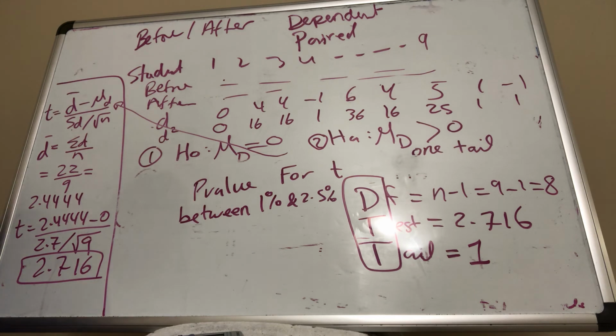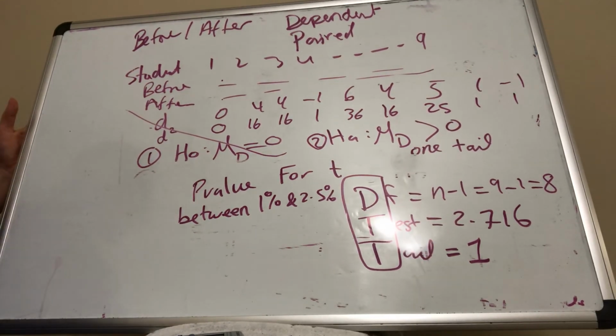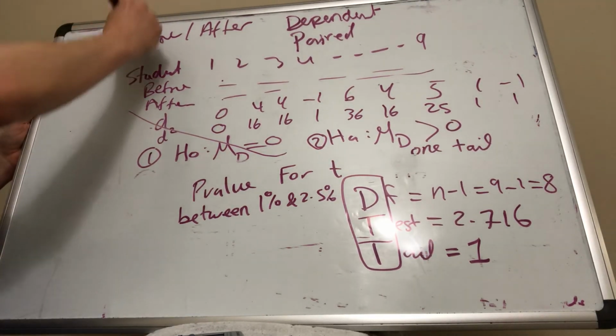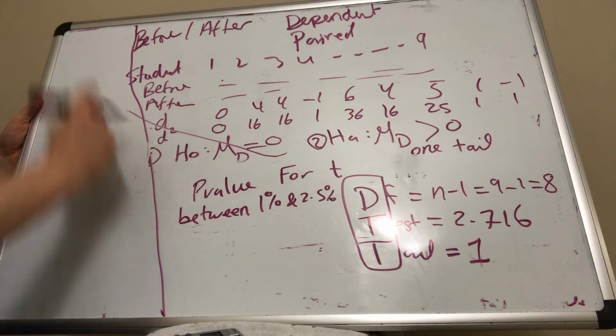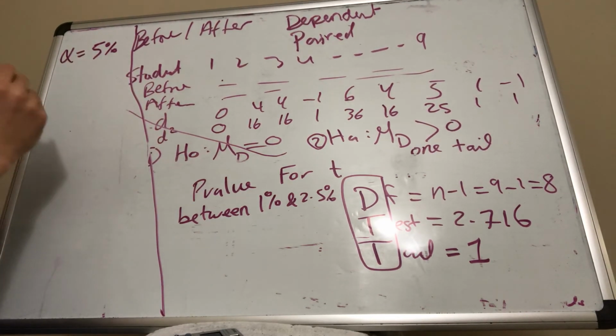Now, for the last one, is there any evidence of increase using alpha 5%? So they tell you your alpha is 5%. Now this is the rule we go by in rejecting.